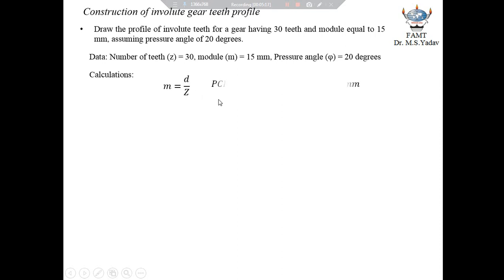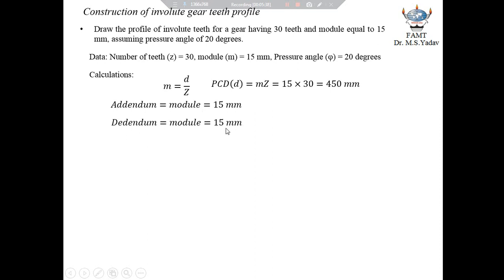So pitch circle diameter will be the product of module and number of teeth. So PCD will be equal to M into Z. M is 15, Z is 30. So pitch circle diameter will be equal to 450. We are going to assume addendum equal to module and dedendum also equal to module.